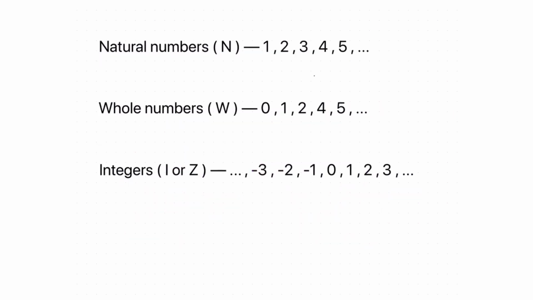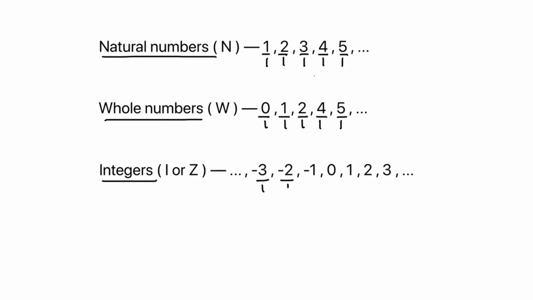We can write natural numbers, whole numbers and integers in the form of p by q by taking the denominators as 1. In this way, for whole numbers also we can take the denominators as 1, and for integers also we can take the denominators as 1.